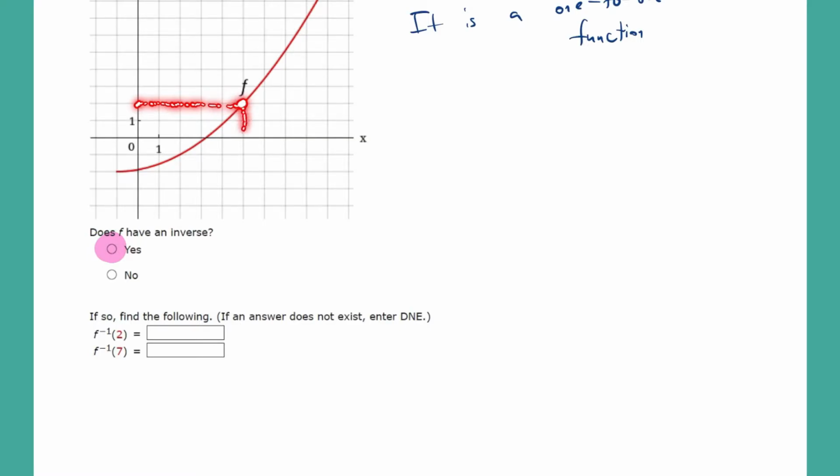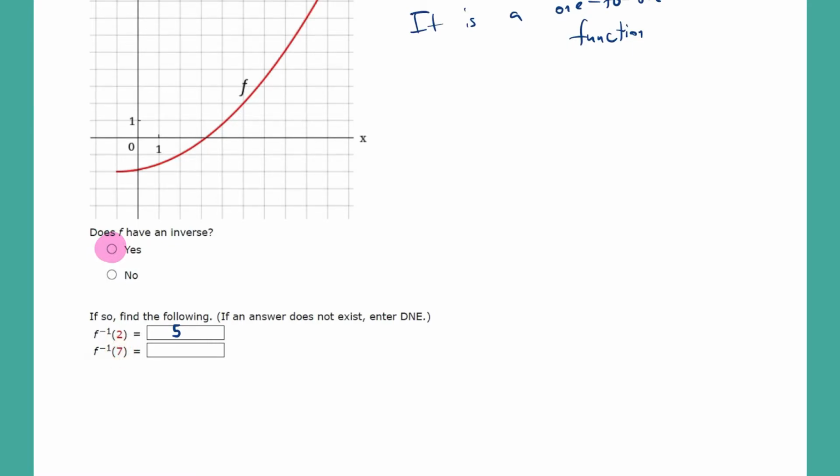It's crossing right here, which would be 1, 2, 3, 4, 5. So 5 is our answer. Basically, you're reversing the x and y coordinates. (2, 5) is the coordinate of the inverse function, and (5, 2) is the coordinate of the regular function. So you're just reversing the x and y coordinates.